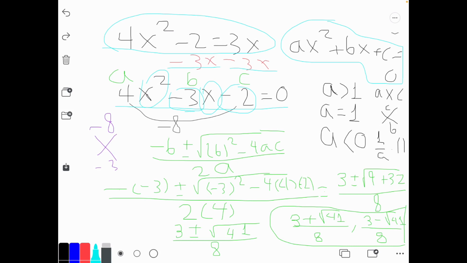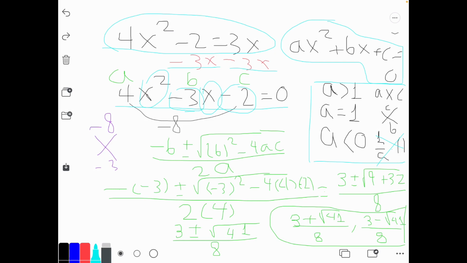Now that we have this, we have to look at what the rule is. I think if there is a minus in front of the a, you have to get the minus out of the equation and then follow the rules. I stated a wrong rule here. If a equals 1, then you just do c over b and start your factoring, finding numbers that multiply to c and add to b.